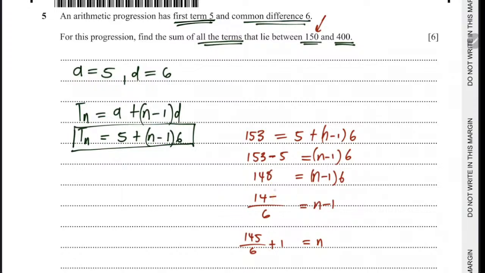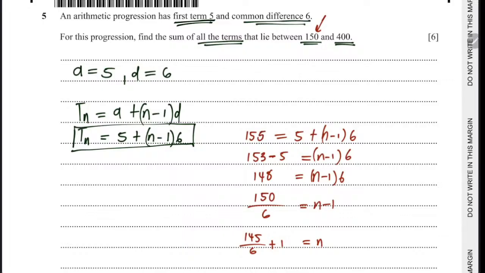What is 148 over 6? What's 149 over 6? What's 150 over 6? What is it? 25. All right, so this should be 155.